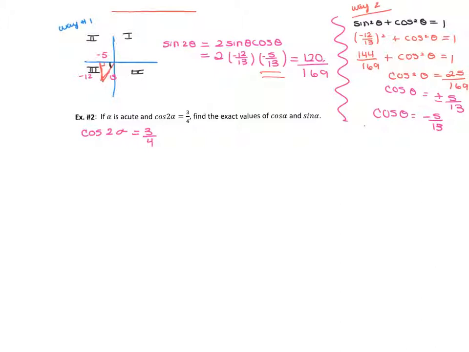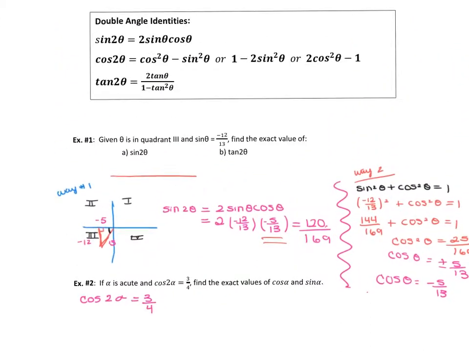Now what I'm going to do is work with my double angle formula for cosine of 2 theta or cosine of 2 alpha, which says, if you scroll up, cosine 2 theta is cosine squared theta minus sine squared theta, or 1 minus 2 sine squared theta, or 2 cosine squared theta minus 1. Because I'm looking for exact values of cosine, I'm going to use the cosine one. Does that make sense?